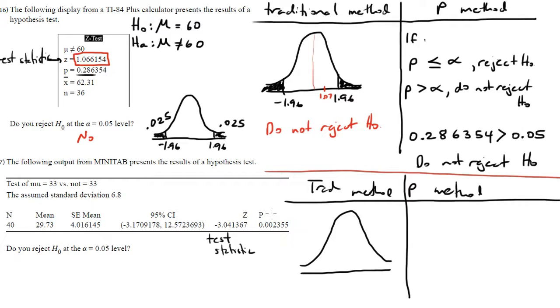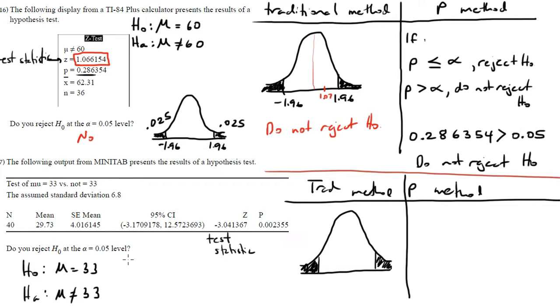Is this a one-tail test or a two-tail test? It's a test of the mean, so H0 is the mean equals 33. The alternative is the mean does not equal 33. This is another two-tail test, with critical regions.